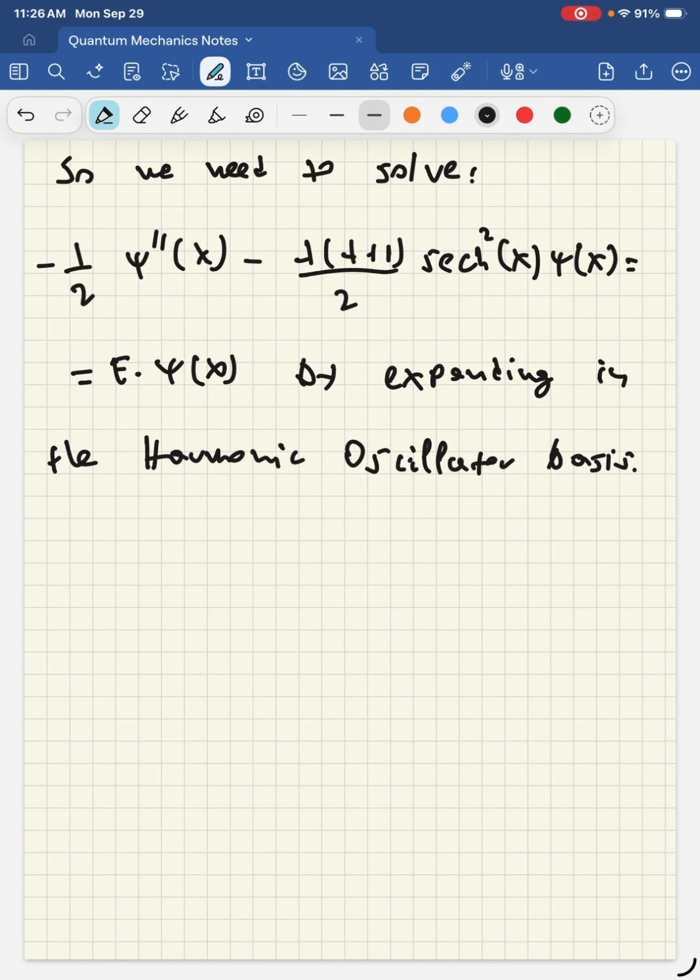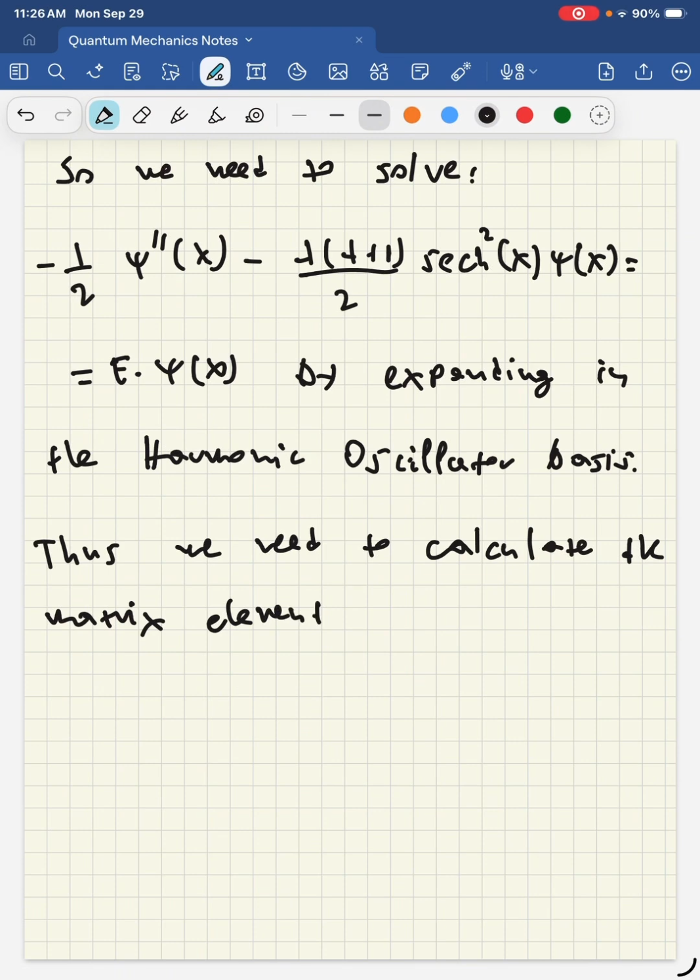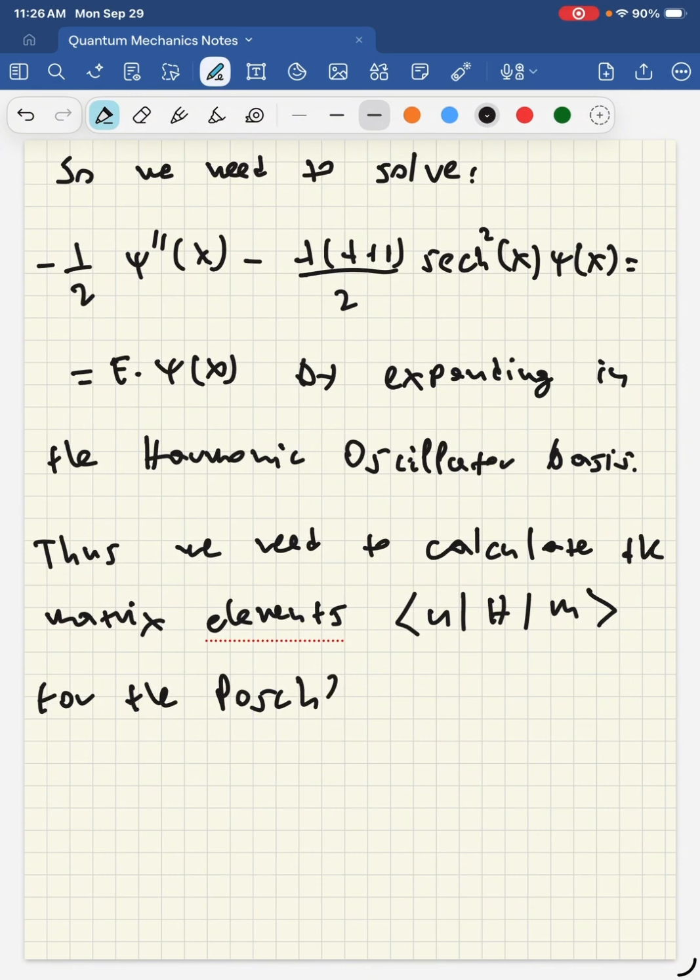So we need to calculate the matrix elements n, H, m for the Poschl-Teller potential.